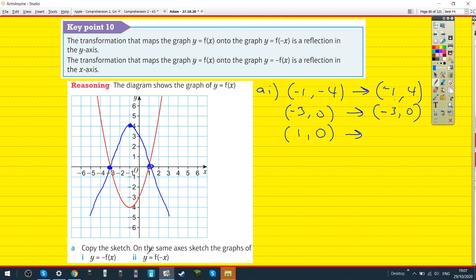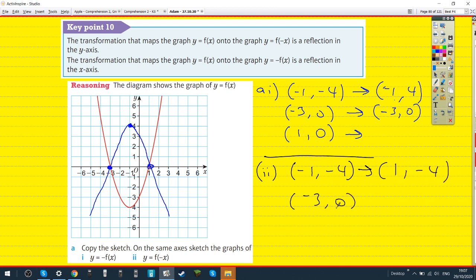Yeah. How about part 2? So is that just the same thing as part 1, but multiplying the x coordinates by minus 1? Yep. Okay. So the first one would be 1, -4. Yep.